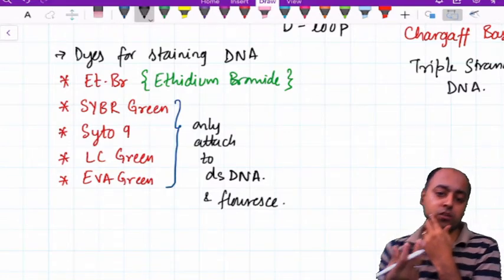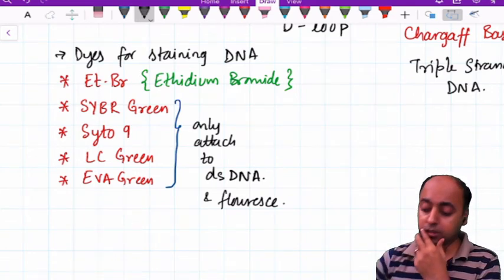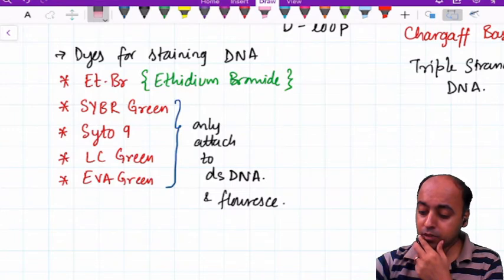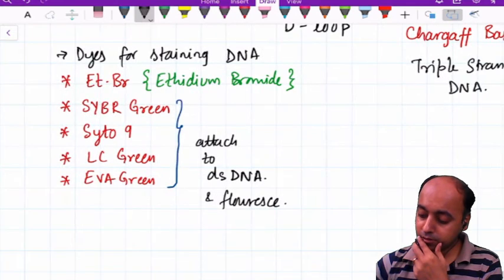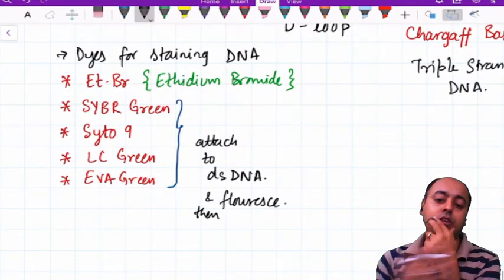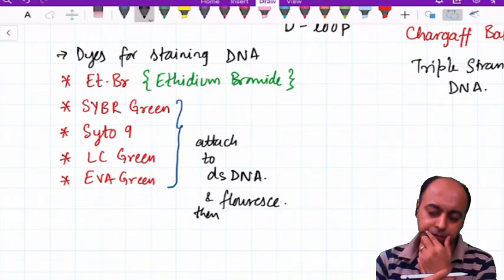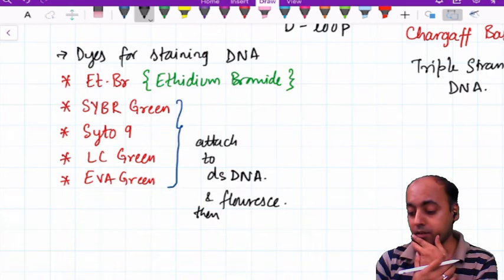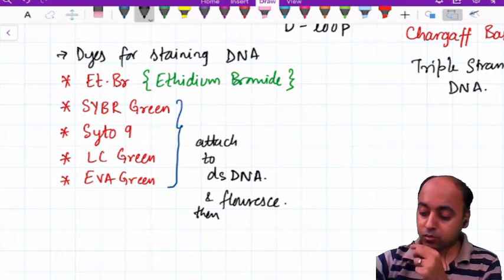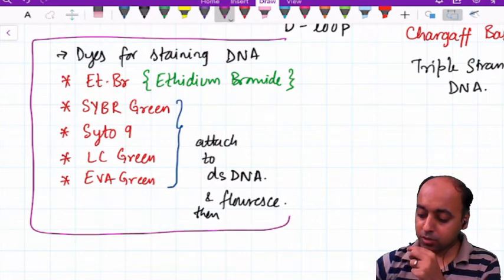Normally they are dormant. When they attach to double stranded DNA, only then they will fluoresce. Whereas EtBr is a non-specific dye, so you have to wash it properly before you take the reading. Okay. So these are the different dyes which are being used.